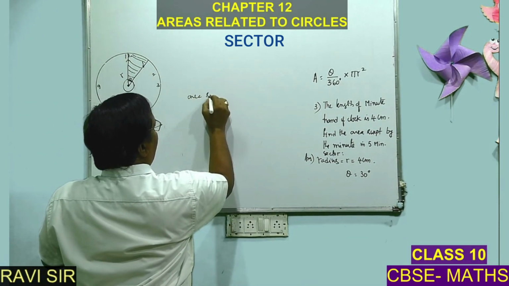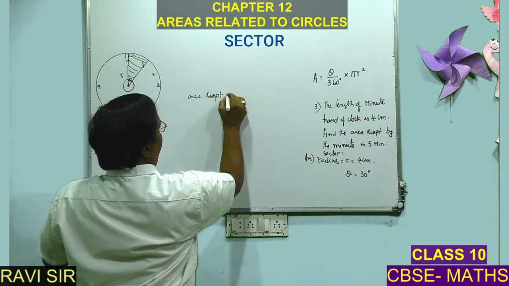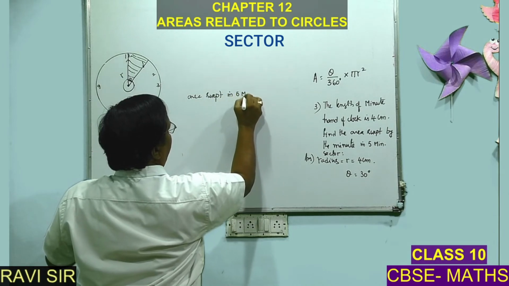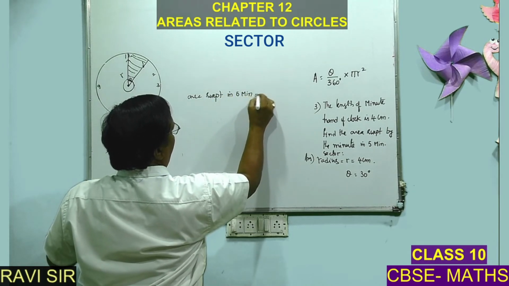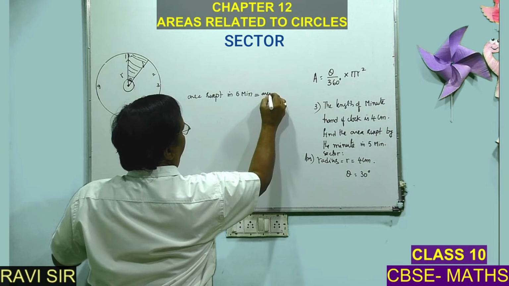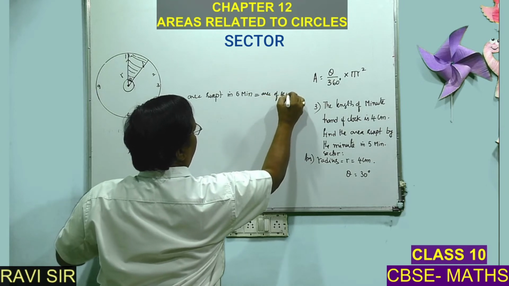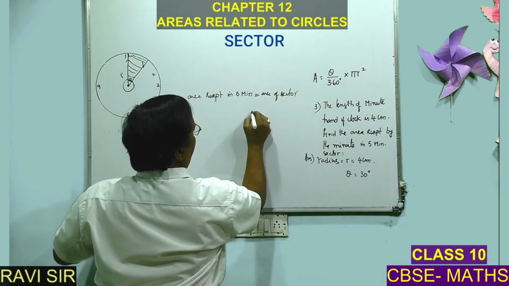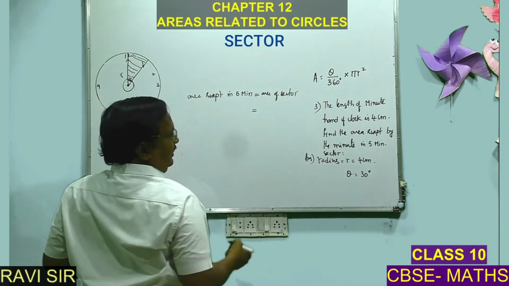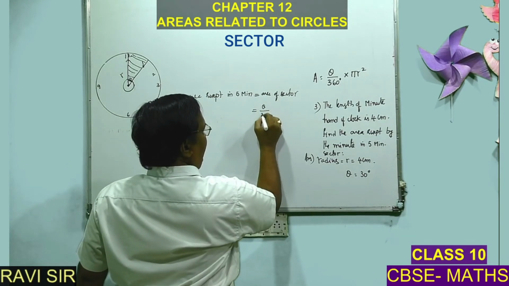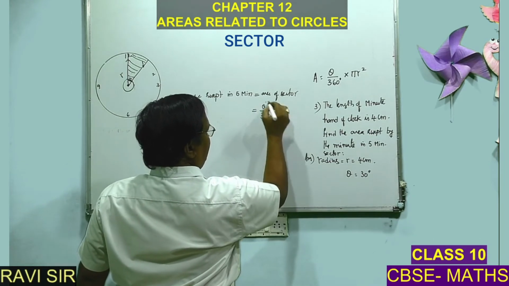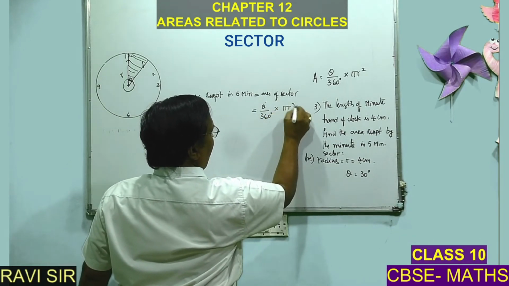area swept in 5 minutes is equal to the area of the sector formed. So, theta degrees by 360 degrees into pi r square.